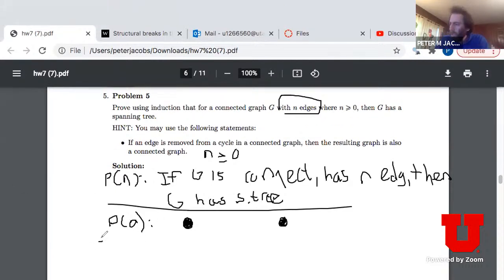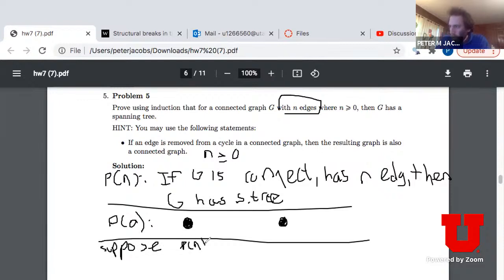Now the next step, we're going to suppose Pn for some n greater than or equal to 0, and we're going to want to show Pn plus 1.